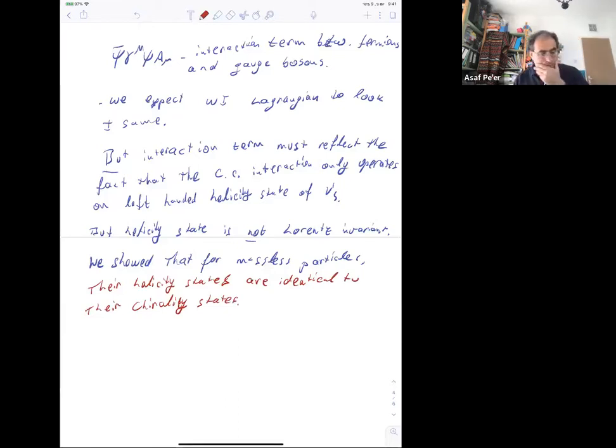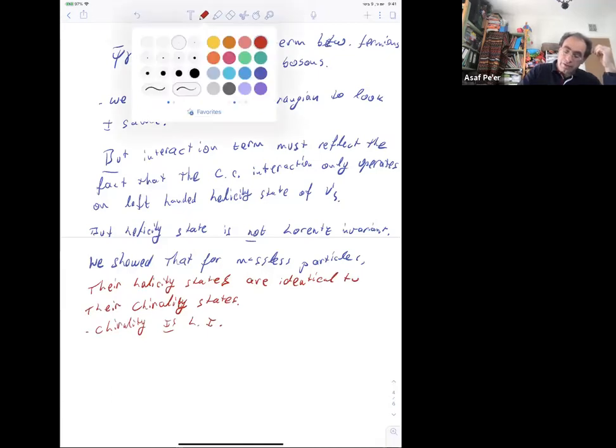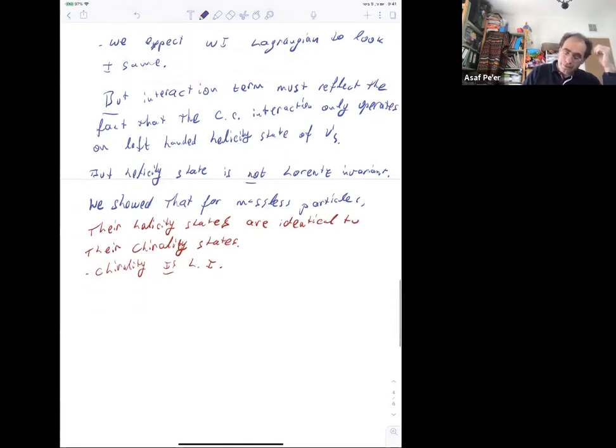Right? And chirality is Lorentz invariant. So we can write the Lagrangian using chiral eigenstates, which is what we're going to do. So we write the Lagrangian using chiral eigenstates.